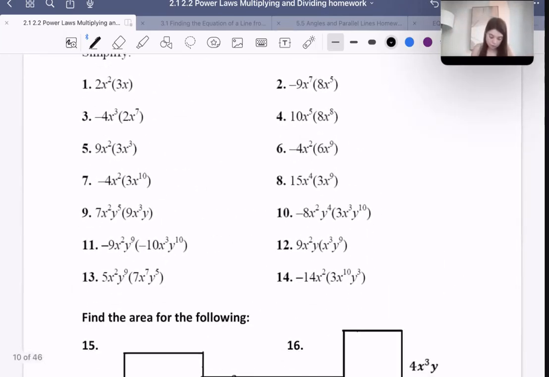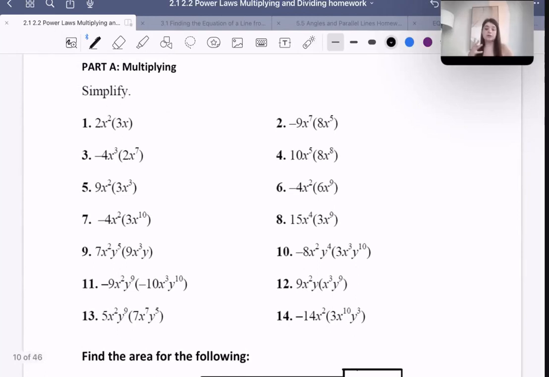So, what do we do to multiply polynomials together? Well, what we do is we multiply the coefficients together when we're multiplying our polynomials. And then when it comes to our variables, when we multiply variables of the same base together with different powers or the same power, we add the powers together, right?